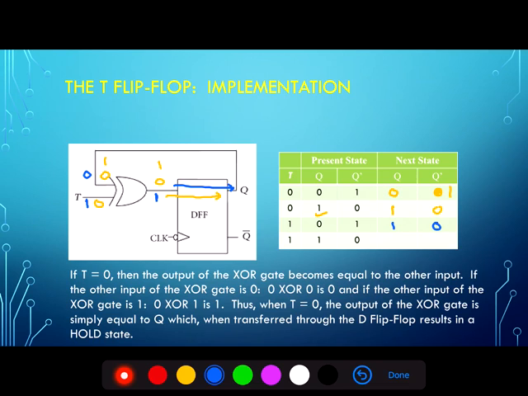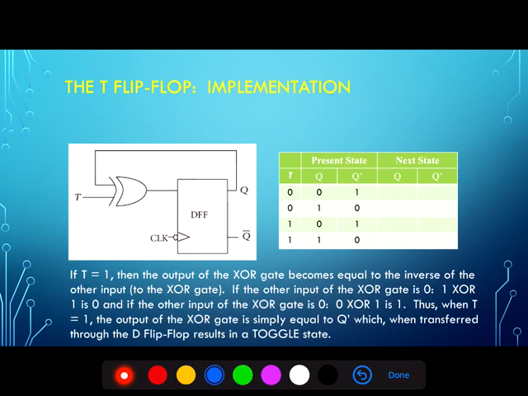And when present state of Q is equal to 1, 1 XOR 1 gives us an output of 0. 0 transfers through on the next clock cycle and gives us a new Q, or a next state Q, of 0. And that's how the T flip-flop is implemented to produce both the hold and the toggle functions.